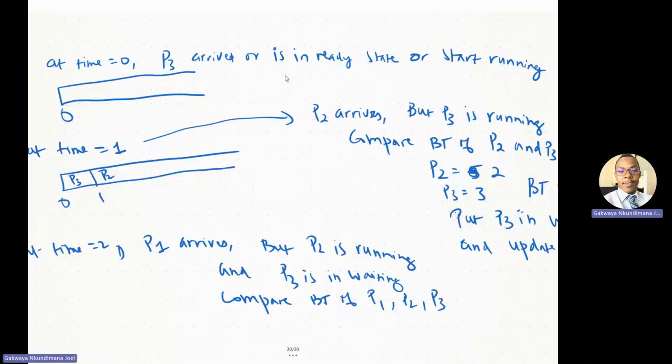Now, remember the burst times which we have there: P1 is 5, P2 is 2, and P3 is 3 minus 1, which is equal to 2, because we have updated it.